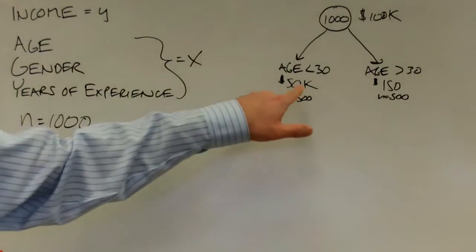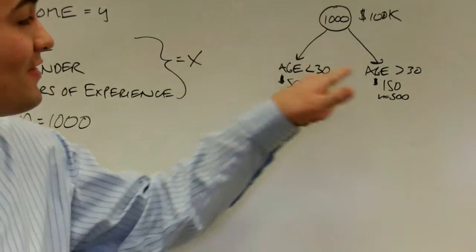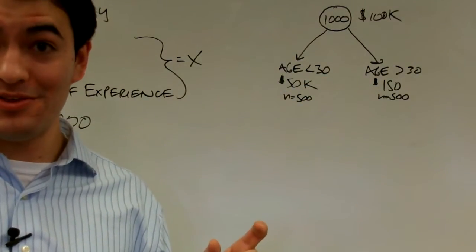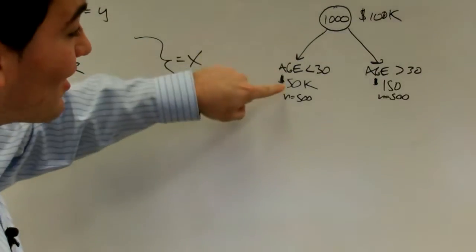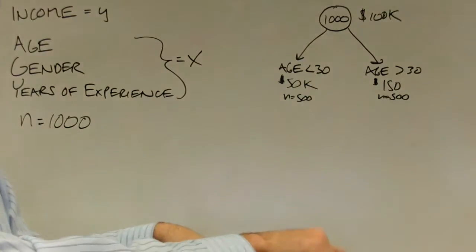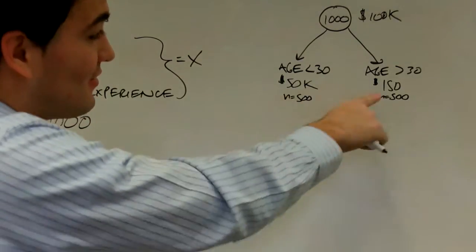So look at the difference between these two groups. You have 50,000 versus 150,000, so there's a $100,000 difference between those two groups. By splitting on age, specifically at 30 years old, we get a very big difference between these two groups. We could have chosen a different split point.